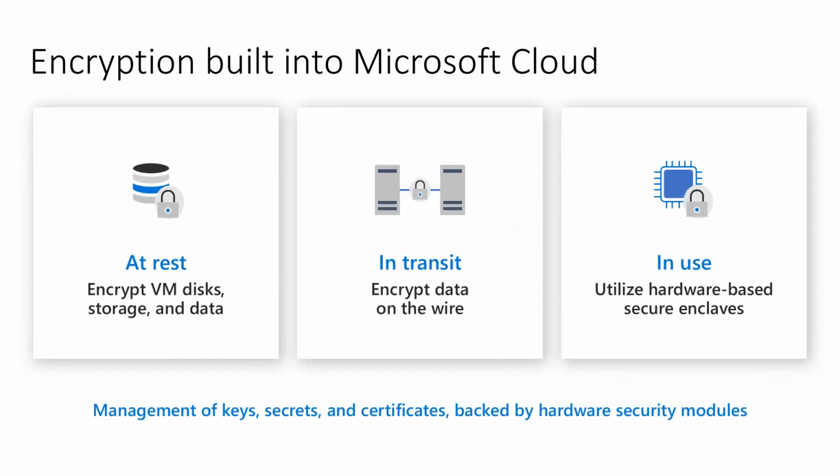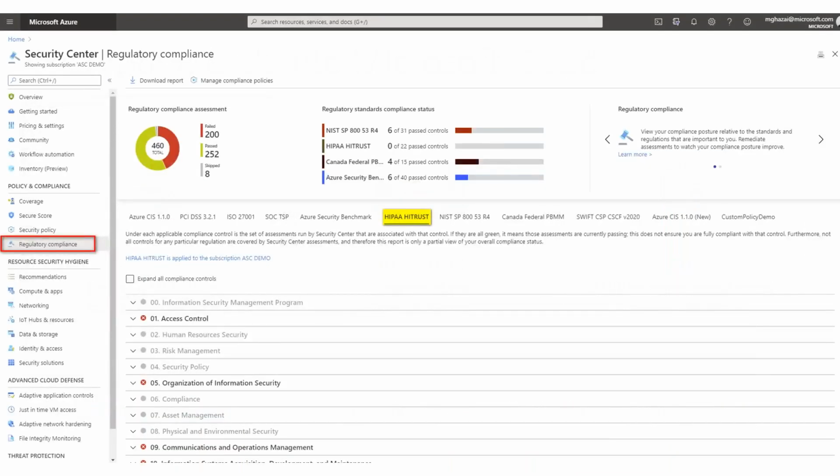Now everything we do at Microsoft, we believe in encrypting at rest, in transit, and in use. And from the compliance point of view, we also use Azure Security Center for continuous assessment of that compliance, and look at where those deviations happen and how we can quickly go back to compliance.